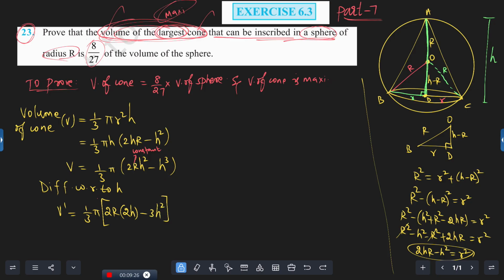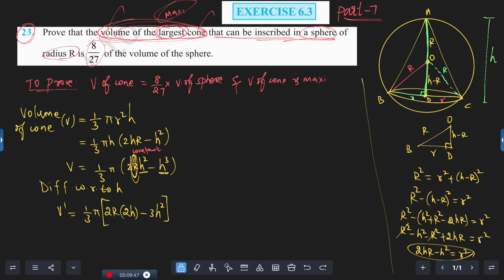People, you may have a doubt. Sir, how did you say capital R is constant, sir? Listen carefully. See the variable: R we have in one place, H we have in two places. So if you are taking two places as a variable, you will be getting something.